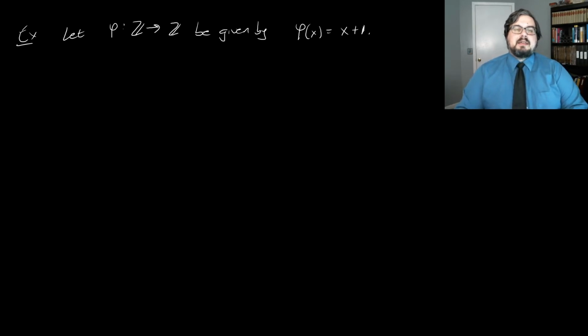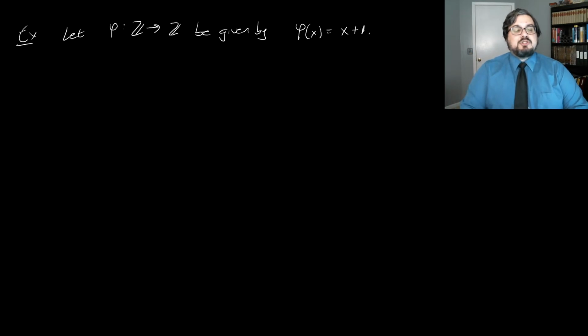Now, if you are suspicious that a particular function might not be a homomorphism, one thing you can do is just try grabbing two random elements of your domain and try checking the condition for being a homomorphism on those.